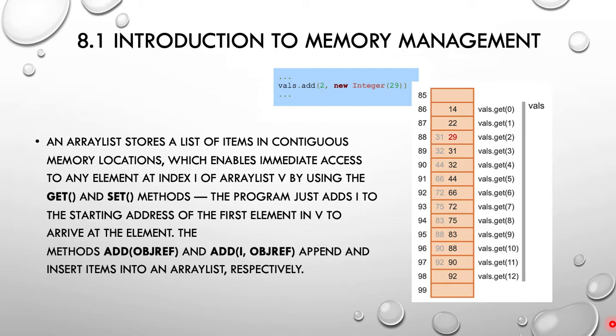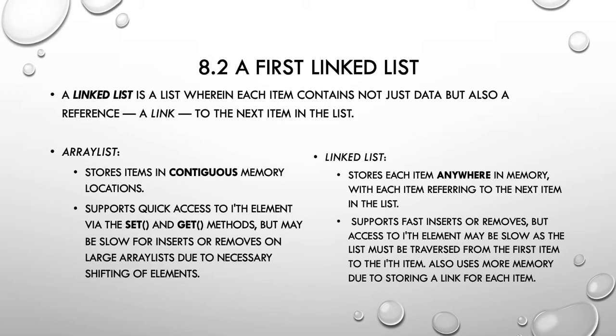So let's take a look at linked list. So also here the expression says a linked list is basically not only containing the data but also the reference link. Right.